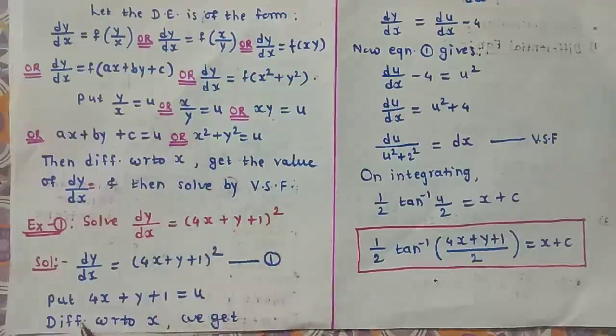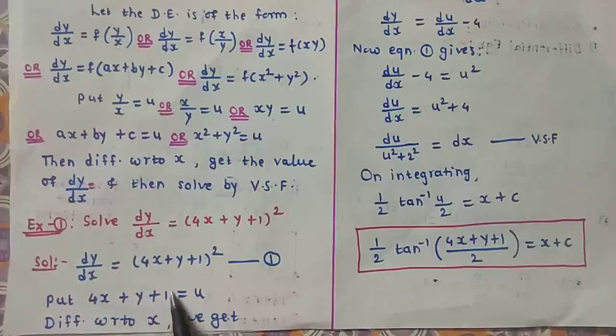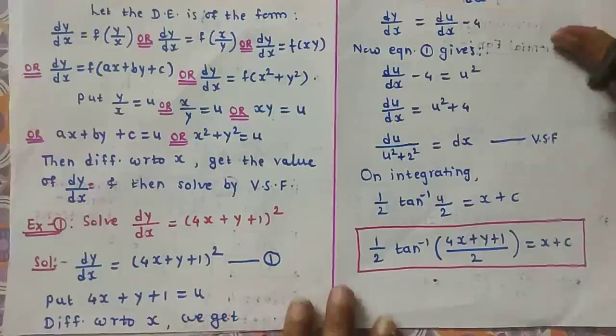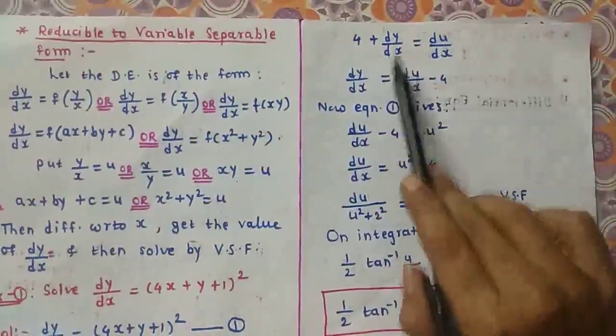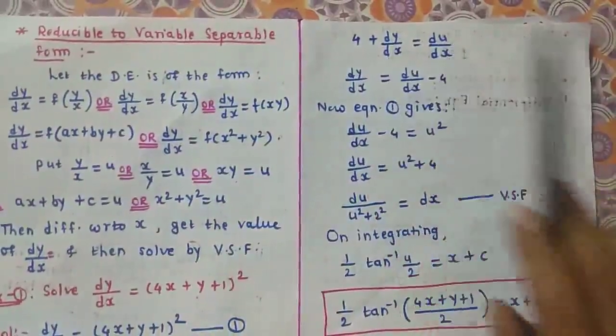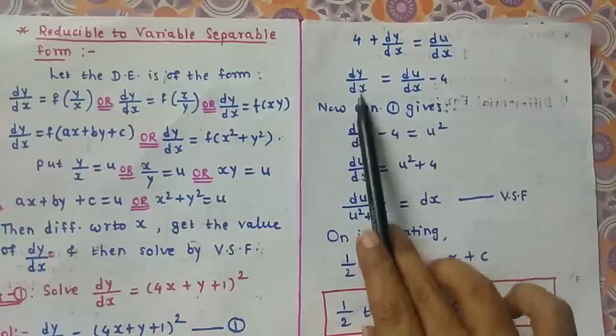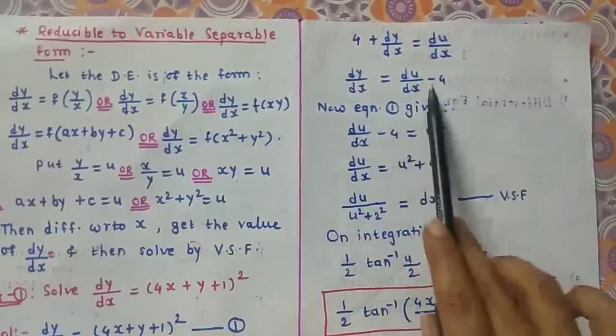After that we differentiate with respect to x so that we get 4 plus derivative of y, which is dy by dx, plus derivative of 1 which is 0, equals derivative of u which is du by dx, right? Hence we get 4 plus dy by dx equals du by dx, and from this dy by dx becomes du by dx minus 4.